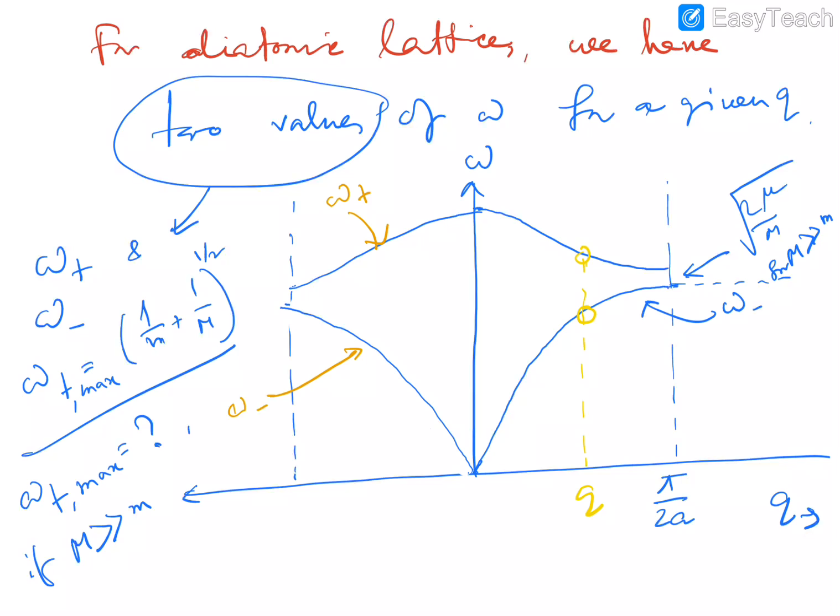Here the lattice constant is the repeat distance between two equivalent atoms, the distance between two atoms of capital M mass or two atoms of small mass m. This is all 2a, so the zone boundary is at pi by 2a. Now you see that at the zone boundary there is a frequency gap, at the zone boundary of the first Brillouin zone, and this is called the forbidden band.